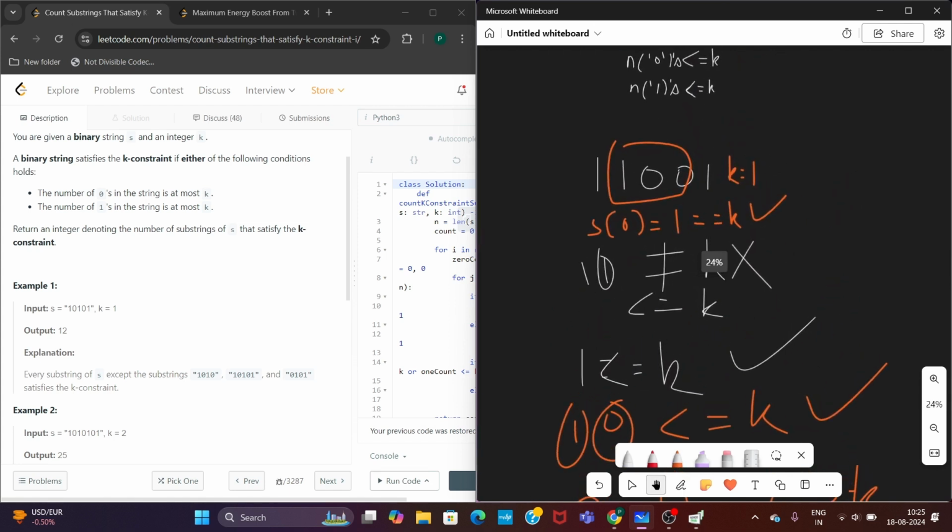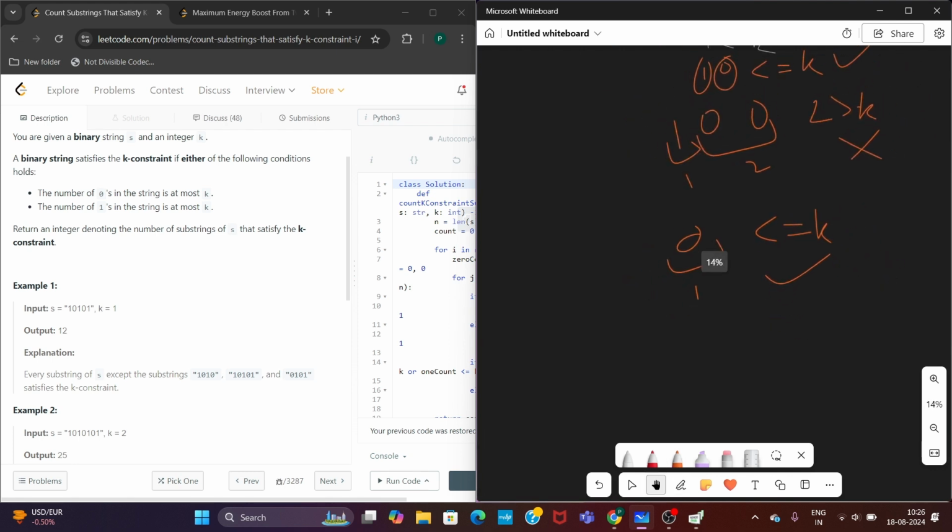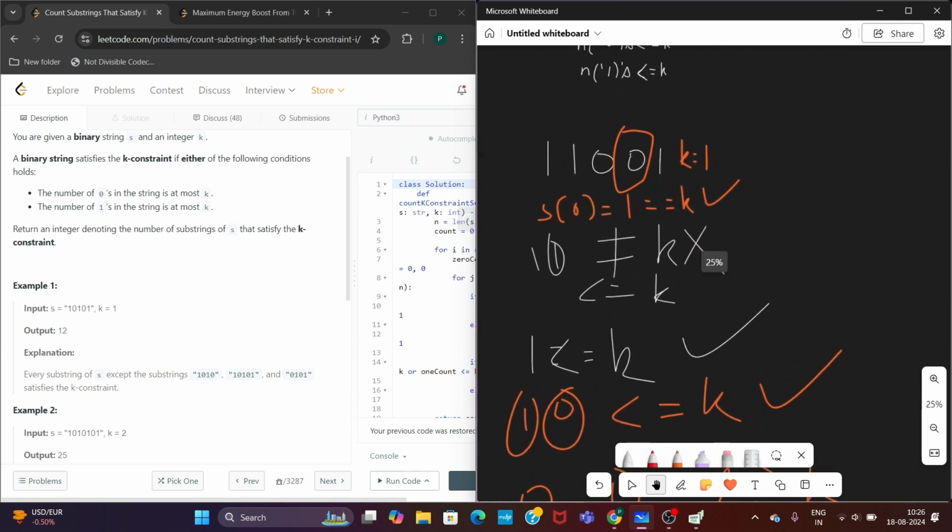Now let's see our next substring, 0. For 0, our condition holds true as it is present only one time, so it is less than or equal to k.